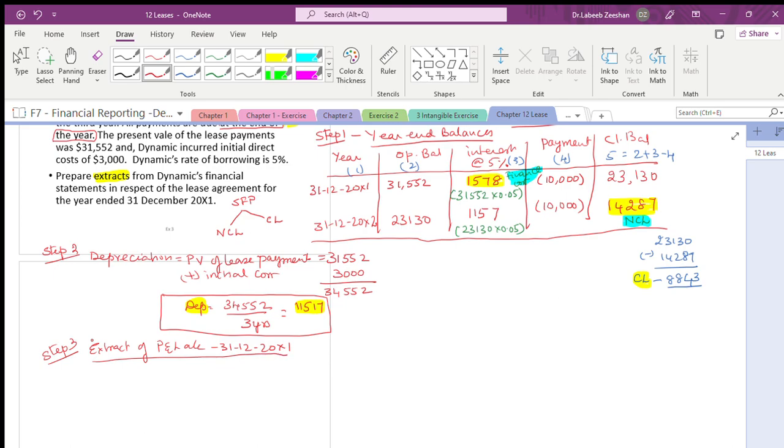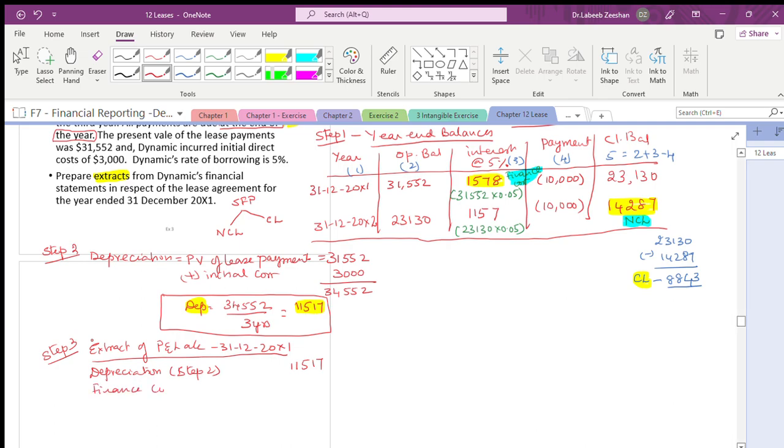What we have to write? First we have to write depreciation. Depreciation is nothing but step 2. How much we have calculated depreciation? 11517.